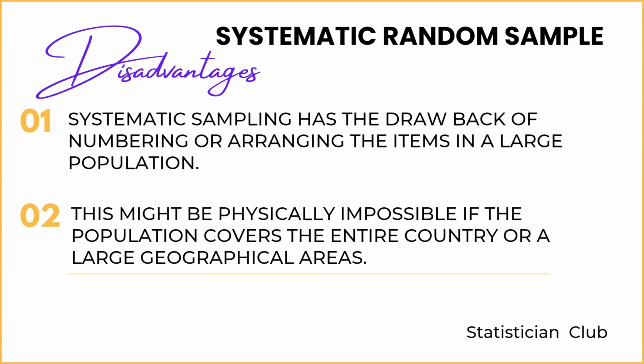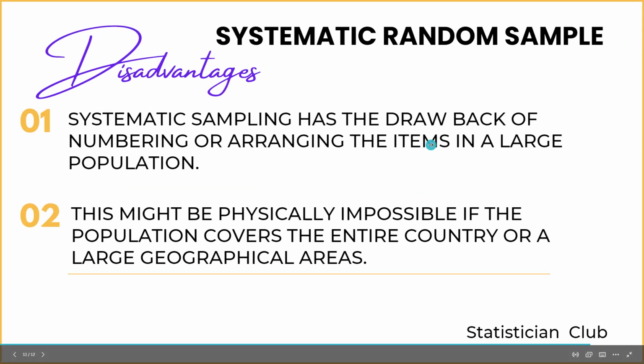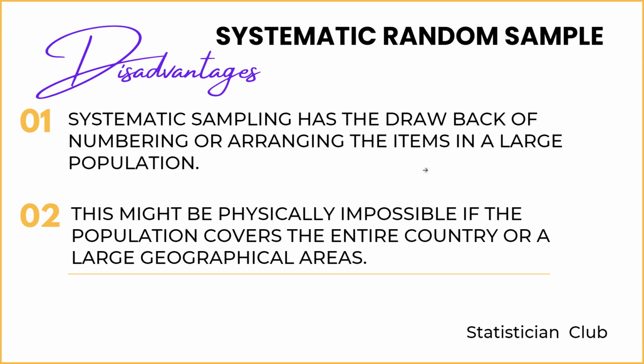Disadvantages: systematic sampling has the drawback of numbering or arranging the items in a large population. In systematic sampling, we assign numbers or arrange items of a large population, and then we continue the procedure. This might be physically impossible if the population covers the entire country or a large geographical area.